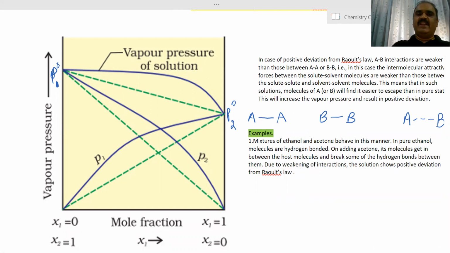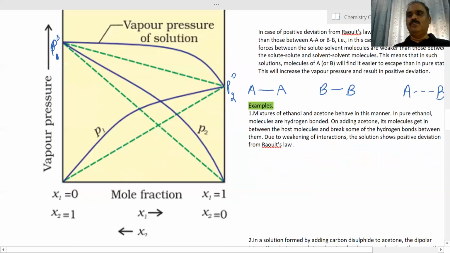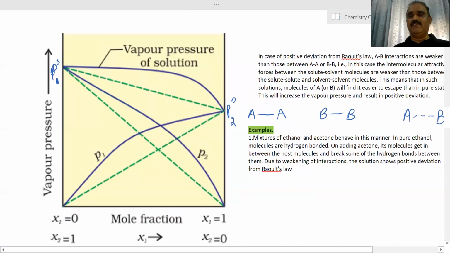So to make it sum of these two components, we will also have to bulge these curves out. So these bulging curves are showing you non-ideal behavior of solutions showing positive deviations, and green lines are just reference which are possible when solution is ideal. Okay, now you got it, I think.